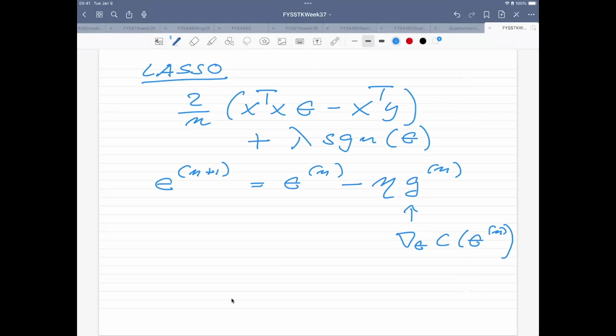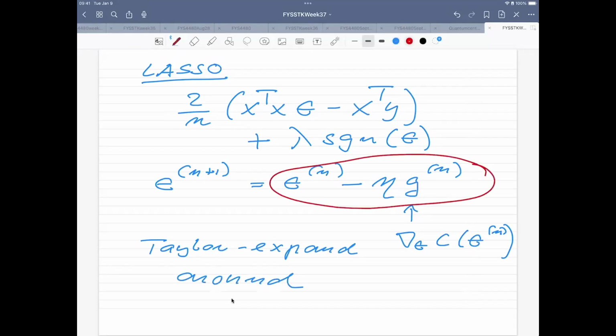So what I'm going to do now is to Taylor expand again, around this quantity here. I'm assuming that I have reached convergence, so that theta of n plus 1 is the optimal value.